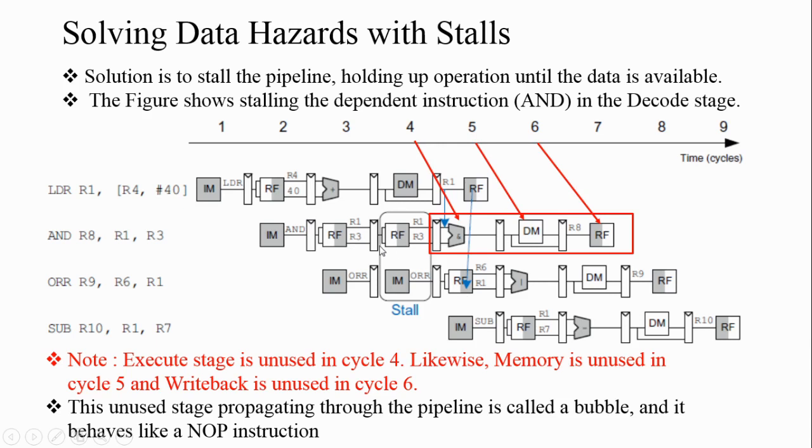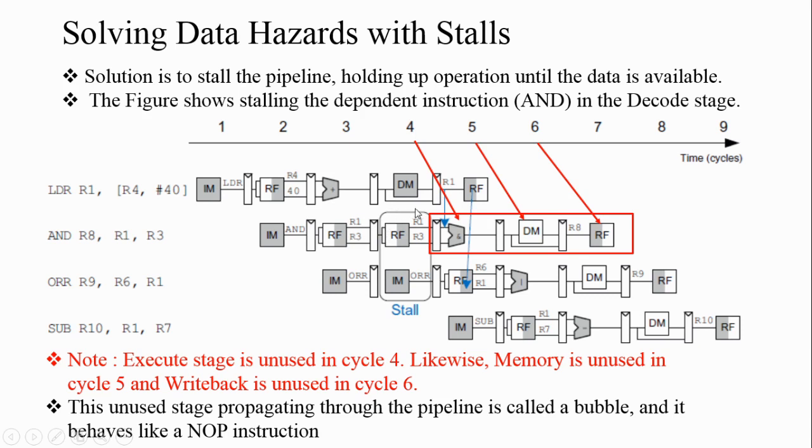Here you are holding the second operation until the data is available. The problem was that AND was trying to read R1, but R1 is generated only later. So before R1 is generated, you were trying to take it for the next operation.